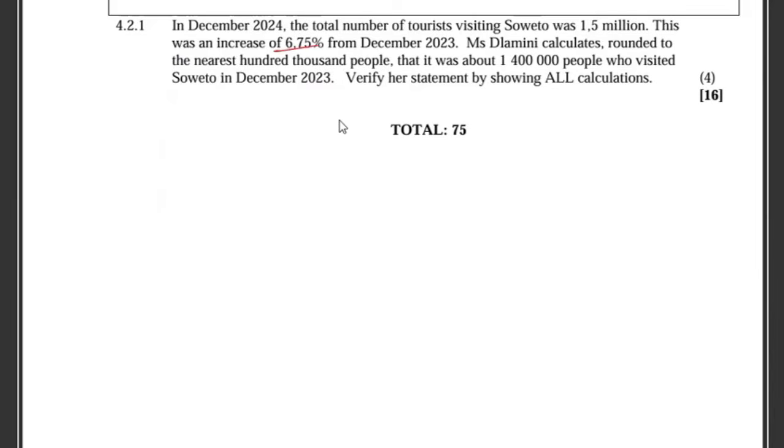Remember, there is this increase. So meaning there's a number that increases, 100 plus the percentage over 100. I believe you get something to do with this. Leave it like that.